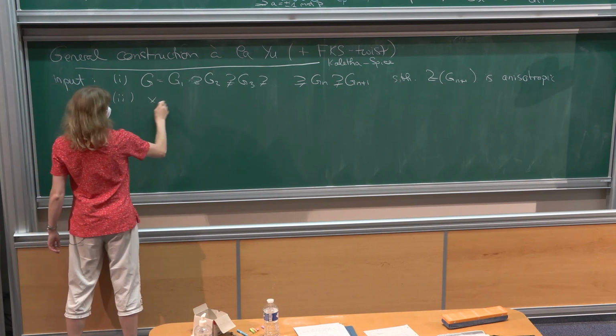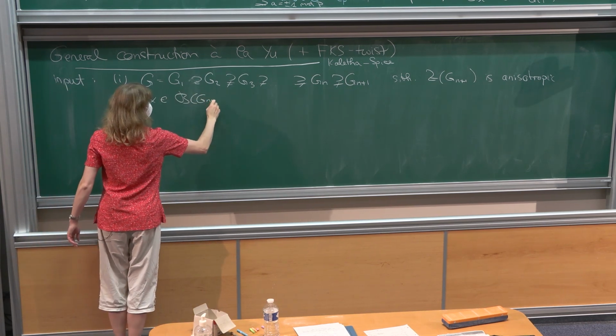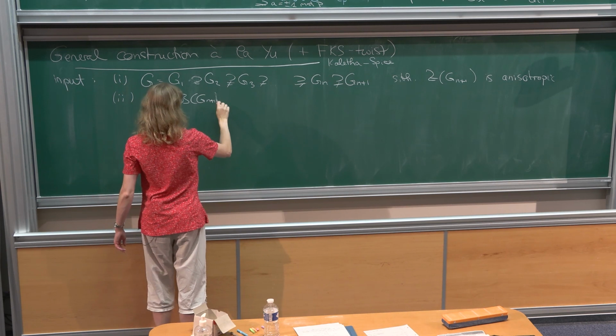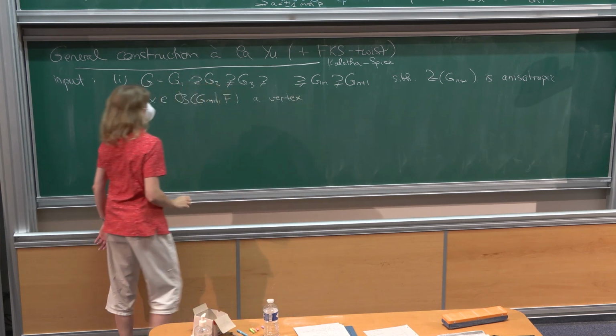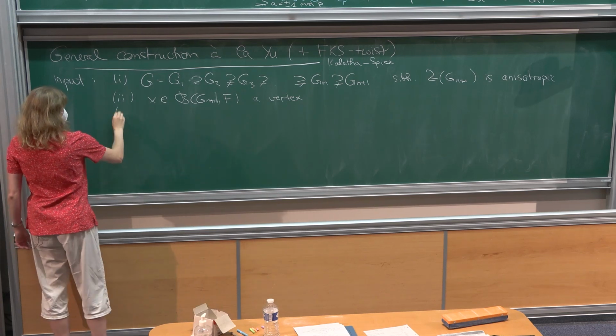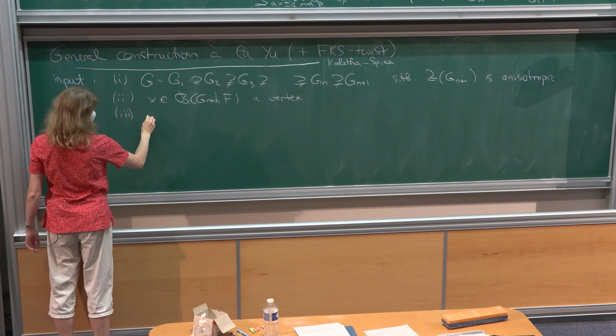Then we take a point x inside the building of Gn plus 1, which is a vertex inside this building. And then we take a depth 0 representation.